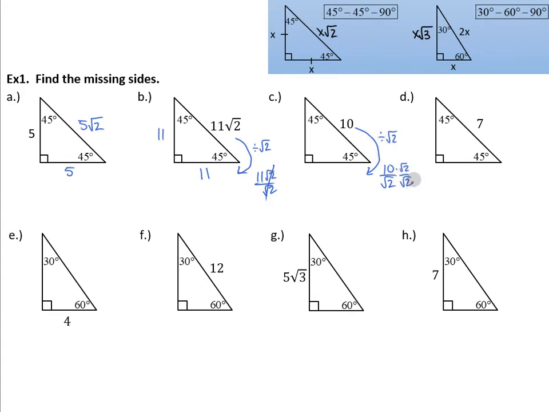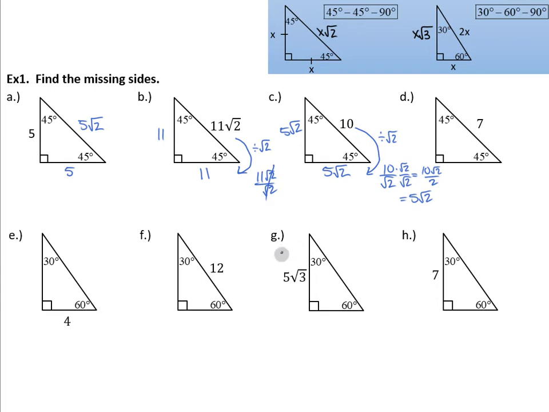And the way we get rid of that is we multiply top and bottom by root 2. So we get 10 root 2 over 2, which actually simplifies to 5 root 2. The 10 and 2 outside the radical can be reduced. So in fact, this ends up being 5 times the square root of 2, and this leg ends up being exactly the same.